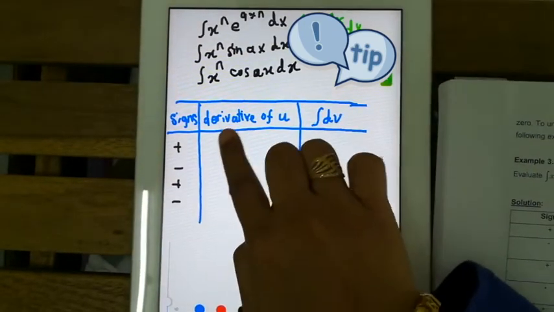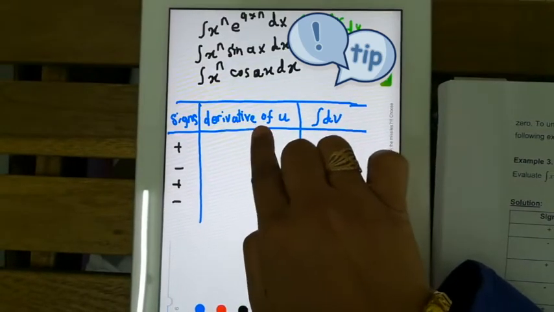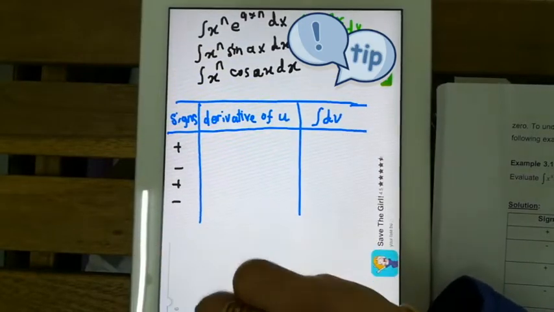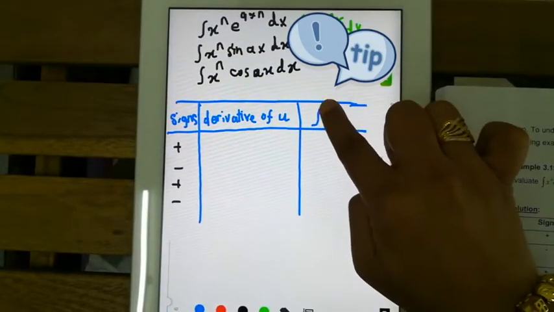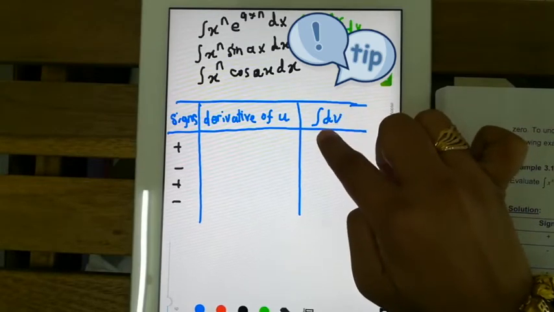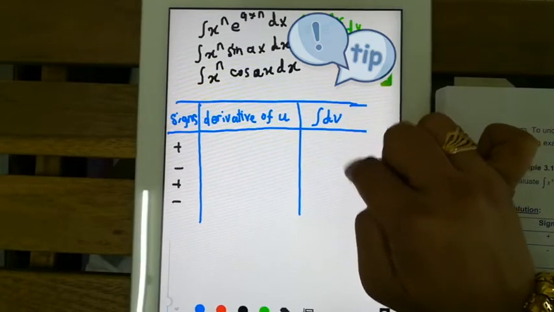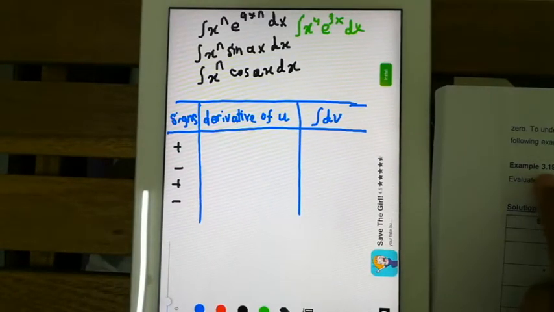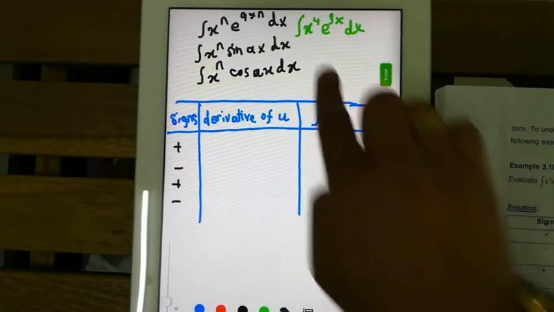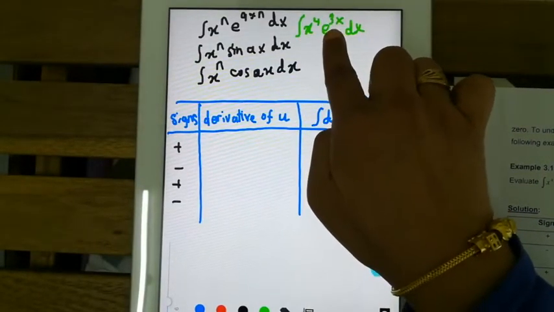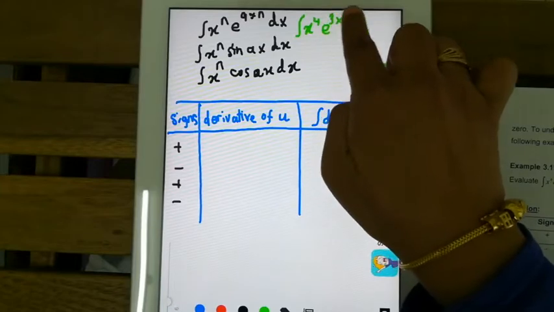The second column is the derivative of u, so you still need to pick which one is u and which one will be the dv. The third column will be the integration of dv. Now let's have a look at example 3.19: x to the power of 4 times e^(3x) dx.